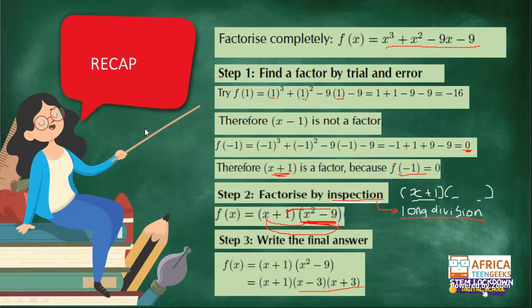So whichever method works for you, you will use that one. Okay, thank you, ma'am. Just revise factorizing cubic functions and then decide on a method that is simpler for you. Okay. There's a question.